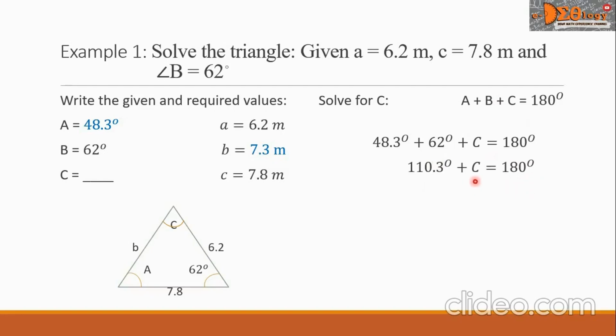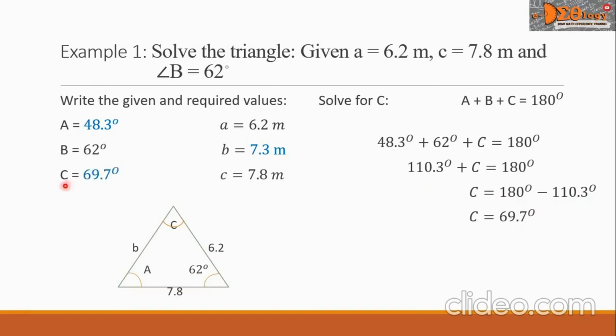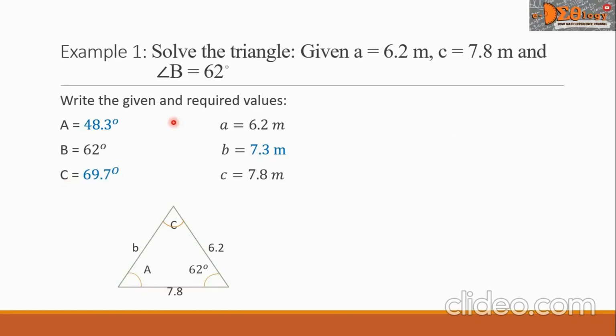Let us isolate C. We will transpose this value on the right side. Of course, the sign must be changed. From positive, it becomes negative. So we have 180 degrees minus 110.3 degrees. Getting the difference, the value of C equals 69.7 degrees. Let us copy this value opposite the angle C in here. We are now complete with the required values.